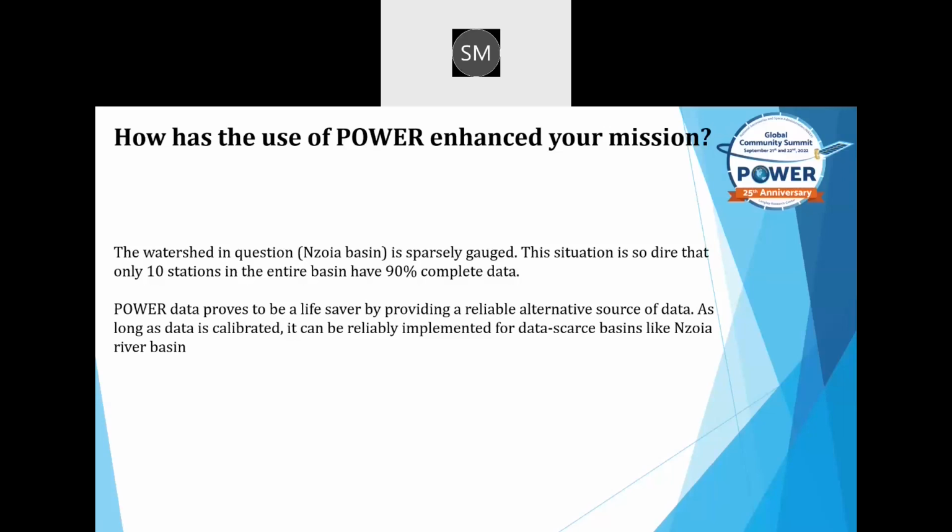So here, POWER data proved to be very useful because it provides a reliable alternative source of data as long as we can calibrate it. So we can move on to the next slide.